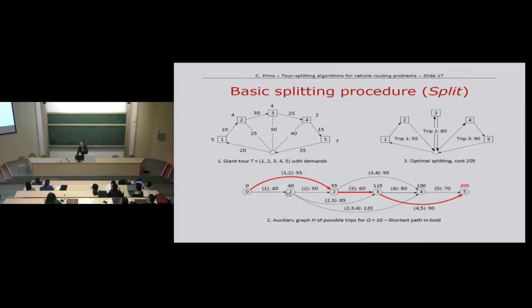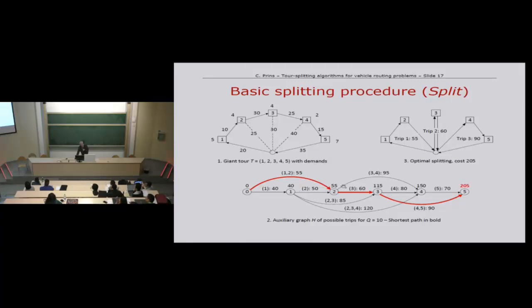This arc corresponds to a trip visiting customer 1 only. And the value you put here is the total length of the trip. A route visiting only customer 1 costs 20 kilometers, for instance, and 20 kilometers to come back, so 40. Here, a trip visiting only customer 2 would cost 25 and 25 to come back.